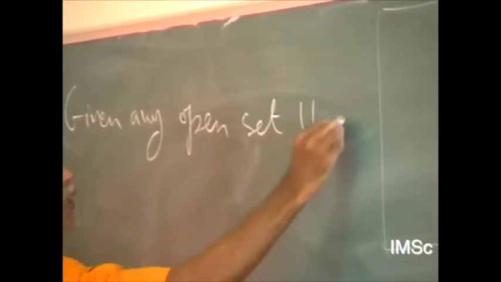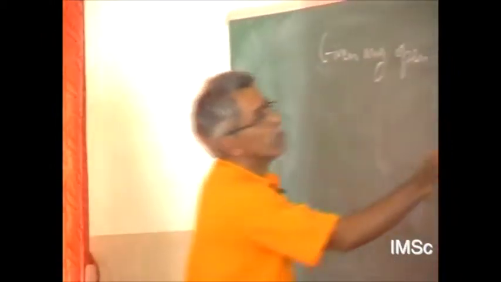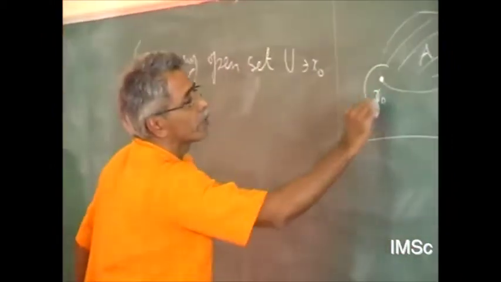U containing x naught. An open set containing x naught is quite often called a neighborhood or open neighborhood.